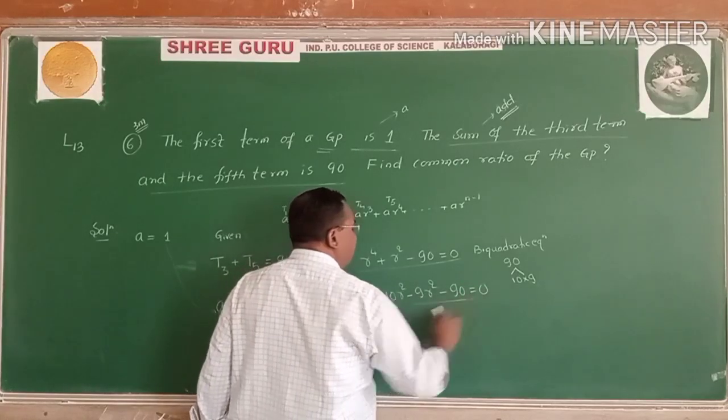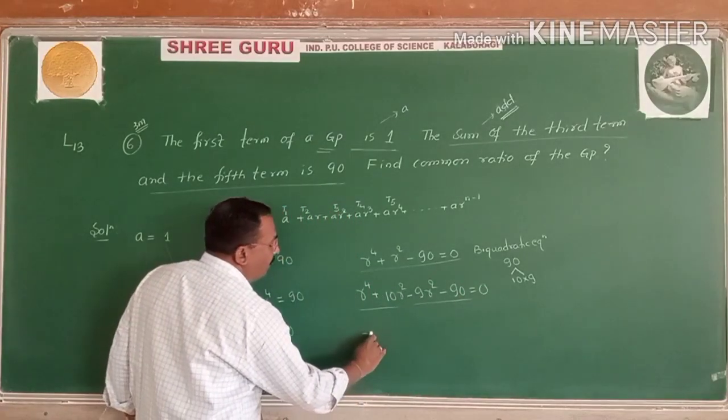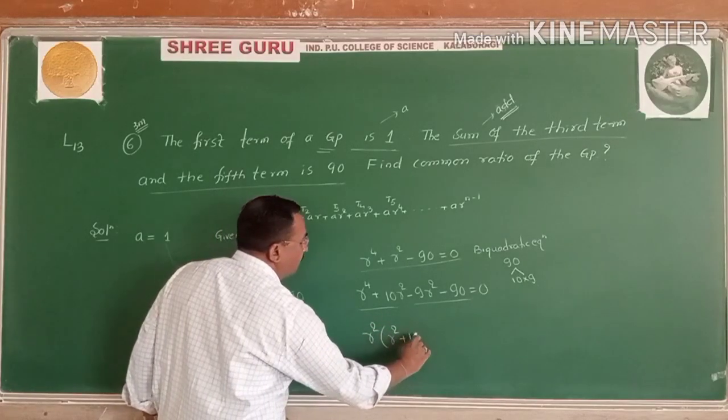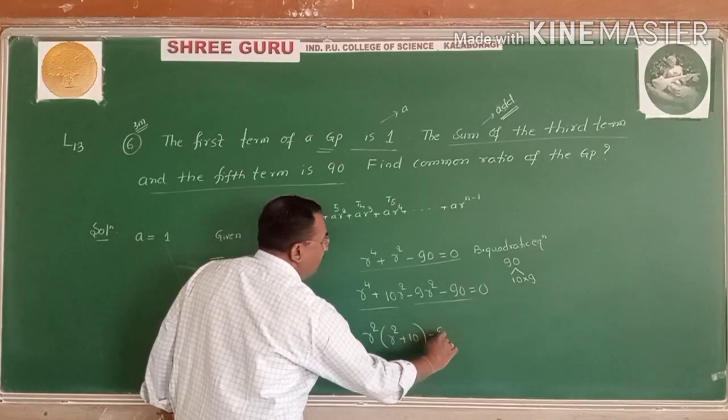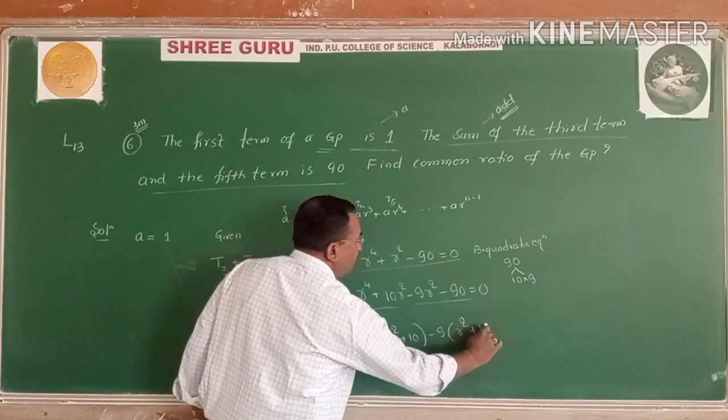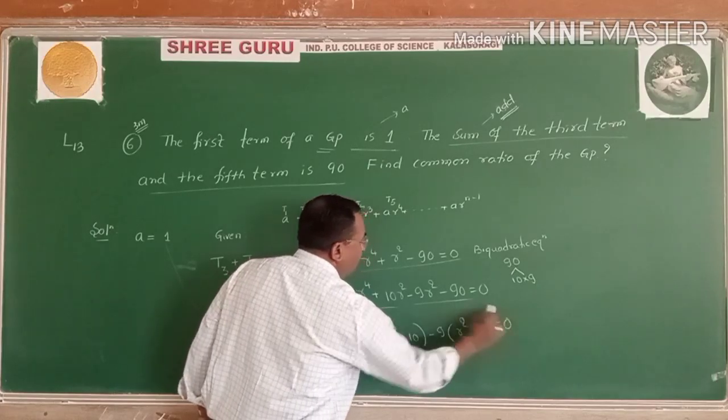Understood? Taking R square common from these two, R square plus 10, and taking minus 9 common, R square plus 10 is equal to 0.